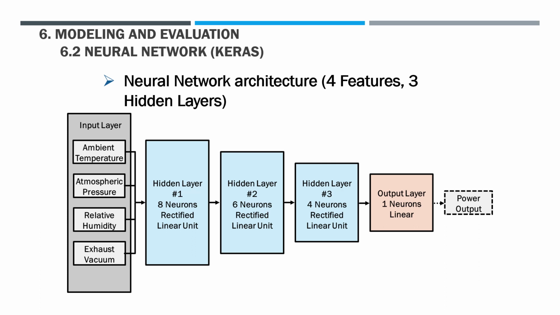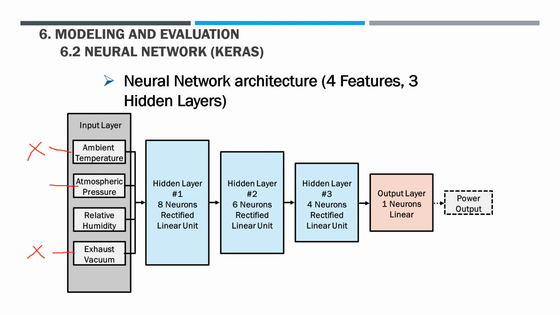But if there are only 3 features as input, then ambient temperature, exhaust vacuum, and atmospheric pressure were chosen as input features. If there are only 2, then it's only ambient temperature and exhaust vacuum, as we mentioned in the feature engineering section. Then there are 3 hidden layers.